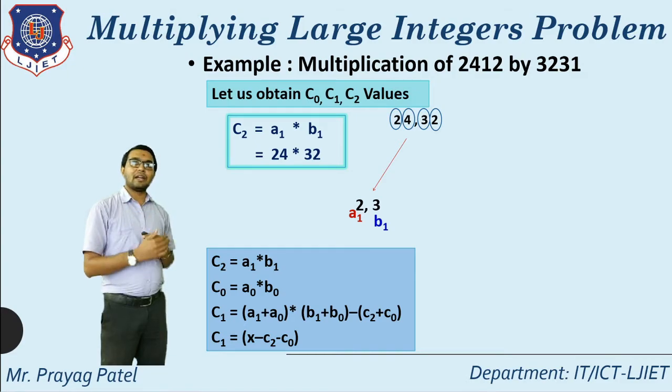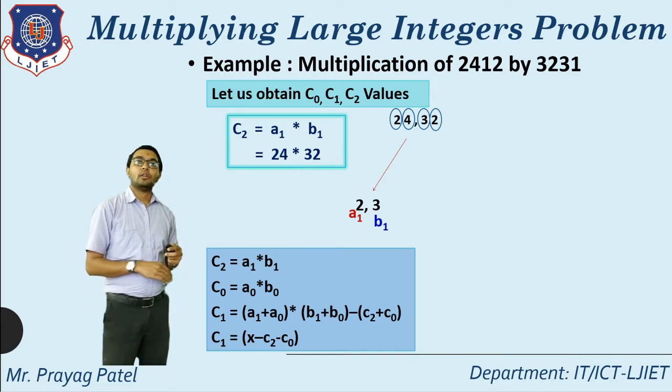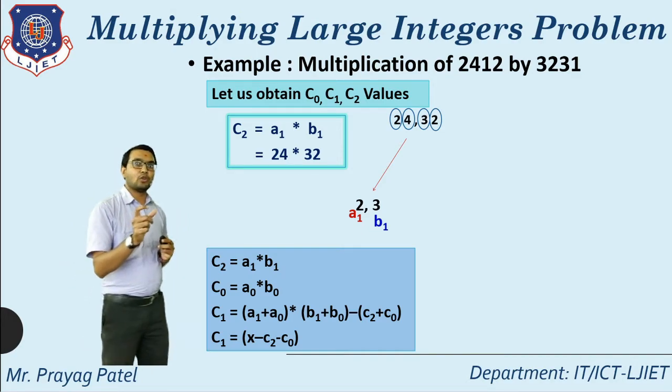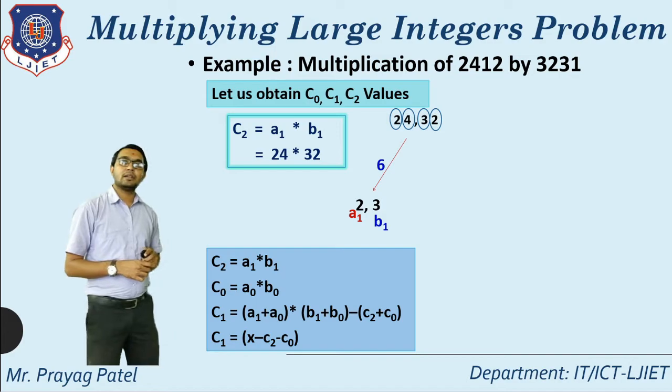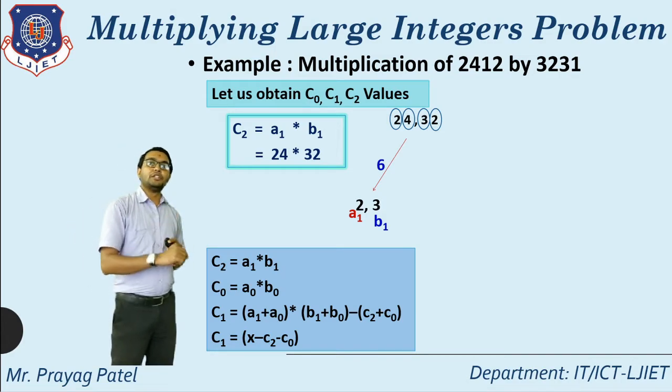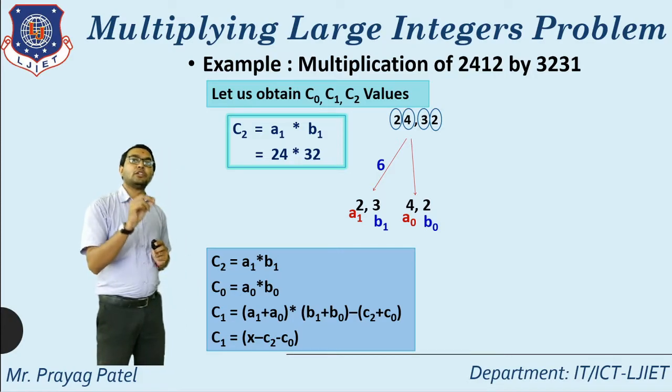So consider 24 as A and 32 as B. So consider A1, A0, B1, B0. The first component is A1 into B1, where A1 equals 2 and B1 equals 3. Next component is A0, B0, where A0 equals 4 and B0 equals 2.